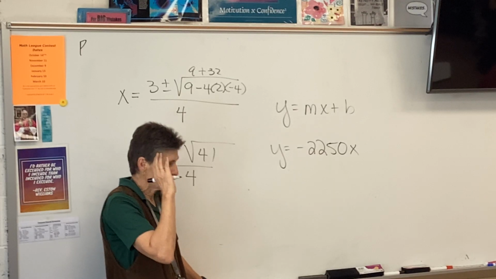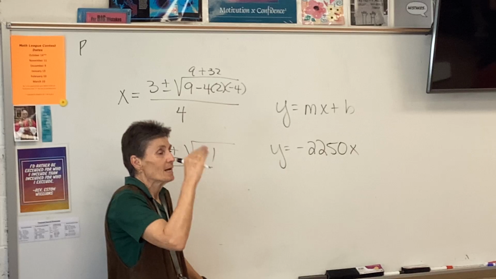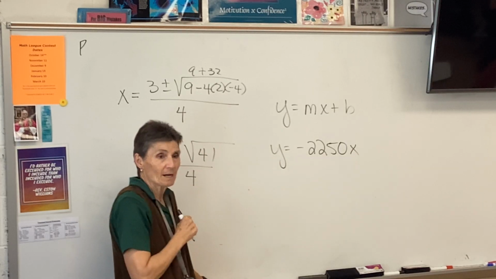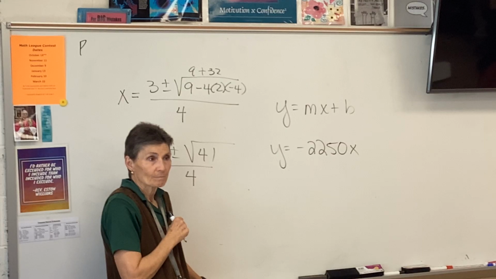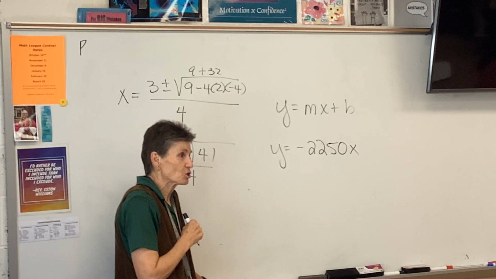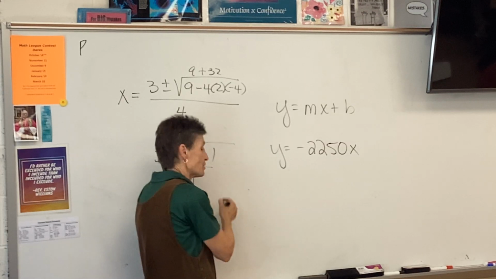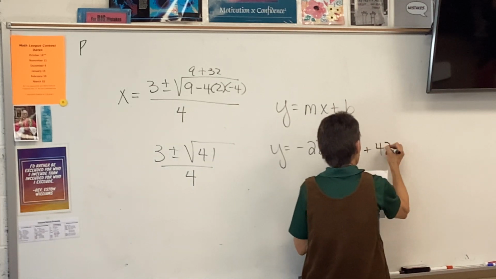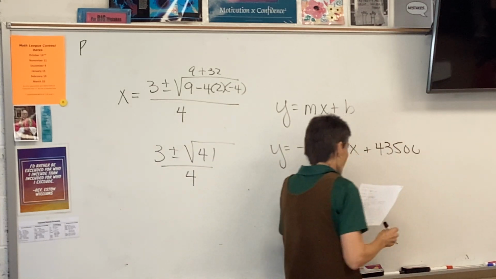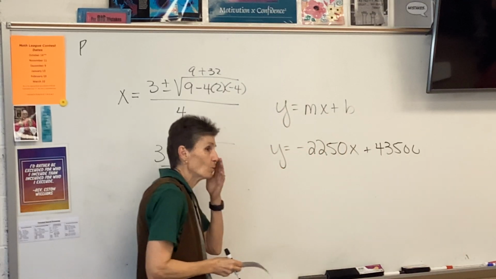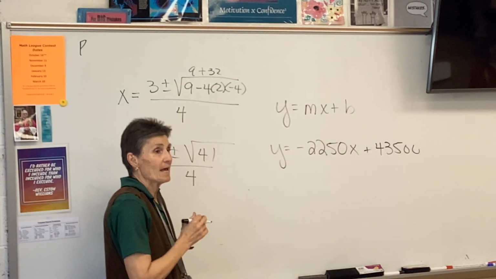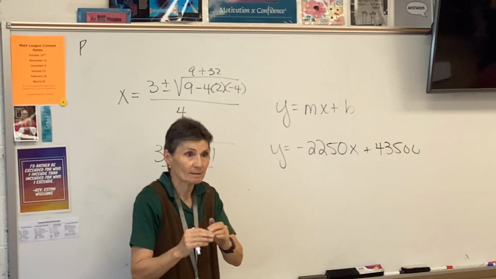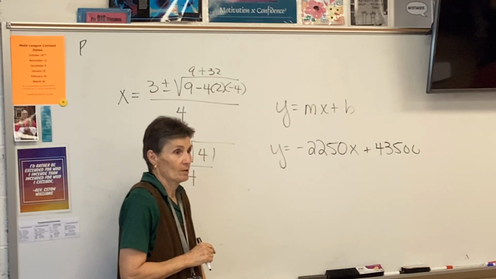But if you are locked in here, every year I go down that much. Where did I start? The y-intercept, I started at 43,500. So you are gonna start at 43,500, and then every year, you're going down 2,250. There is your equation.